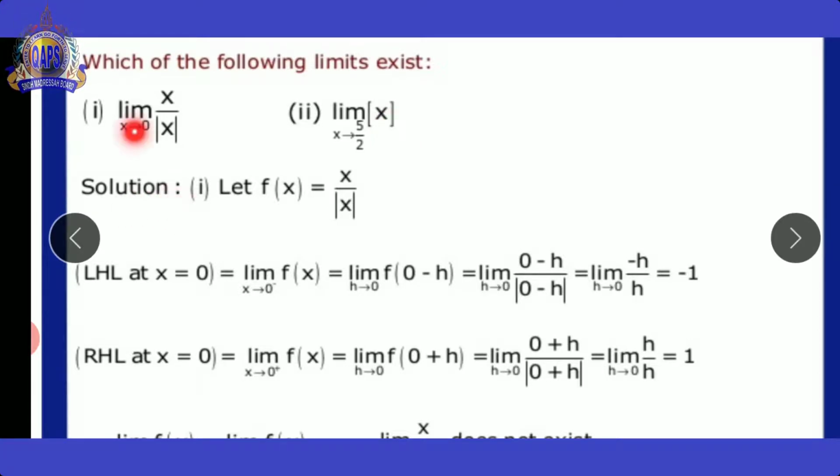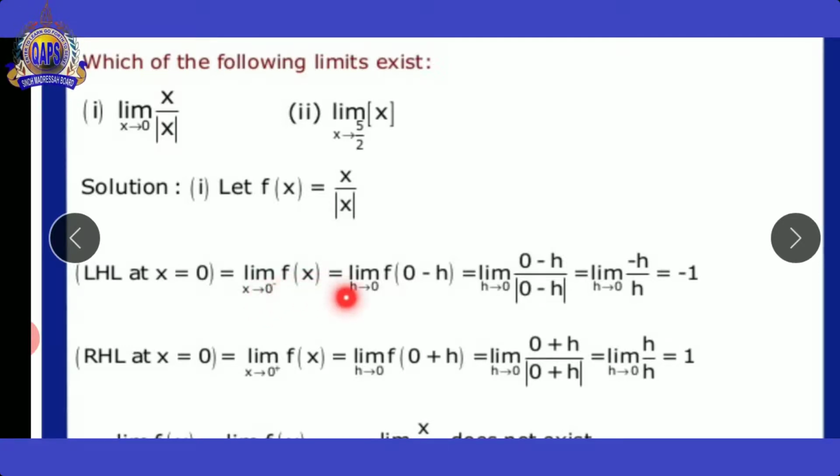The solution for the first question: let the function f of x be equal to x upon modulus of x. When we put the left hand limit, x tends to 0 negative, this negative represents the left hand side, but we are not taking negative 0, because 0 is neither negative nor positive.